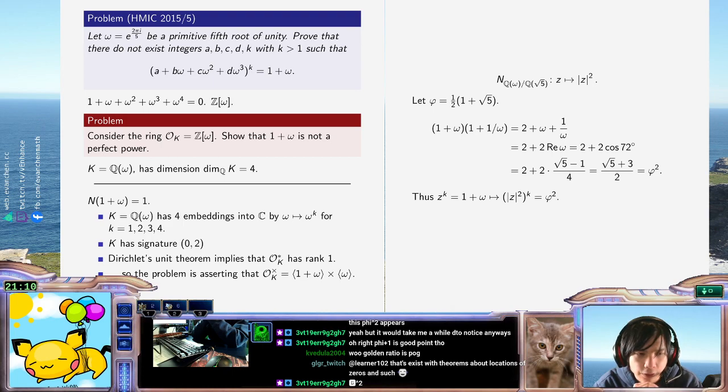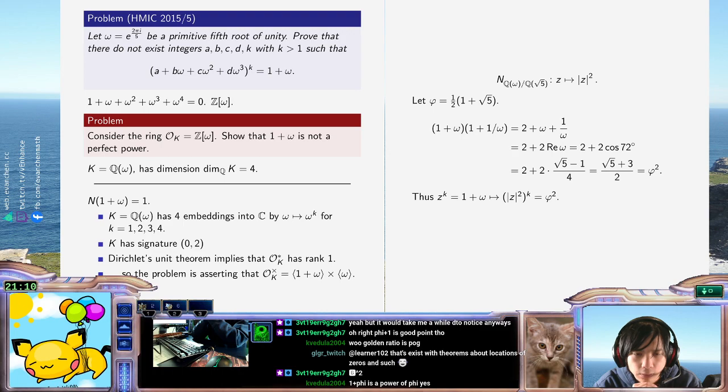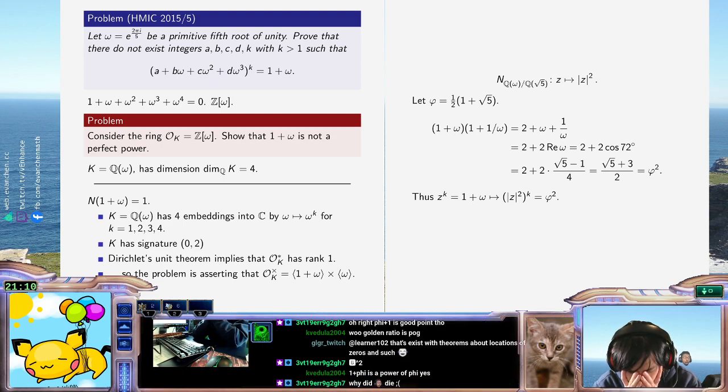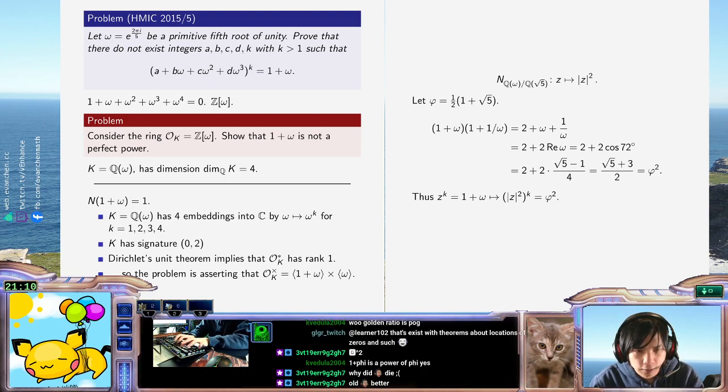Well, okay, phi is still a unit because phi times phi minus 1 is equal to 1. Yeah, 1 plus phi is a power of phi. On the other hand, what is the unit group of Z adjoint phi, the ring of integers of Q adjoint root 5? I think this is a Pell thing.